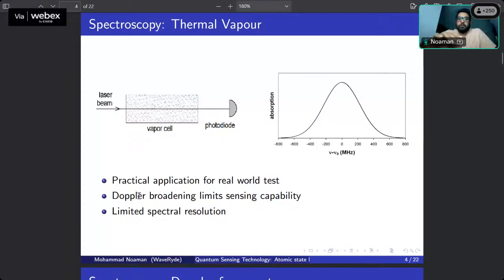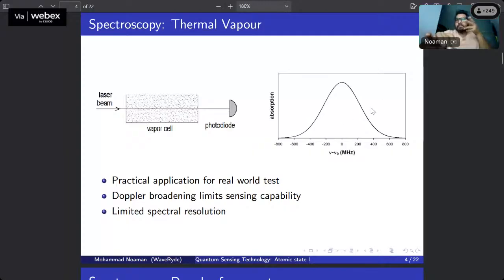Just by the Doppler effect, each atom is going to see the light at a very shifted frequency. So what we are seeing here is the broadening caused by the Doppler effect, and that's because of the temperature. This is at room temperature. If you were to cool the whole system down to close to zero, you would see a much finer transition. This is the kind of problem with working at room temperature.